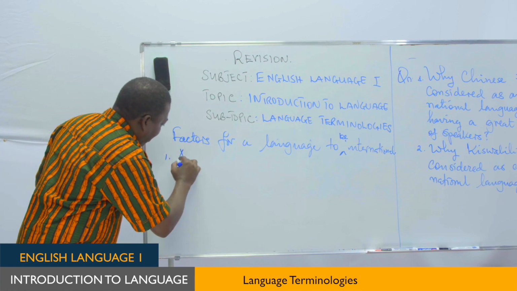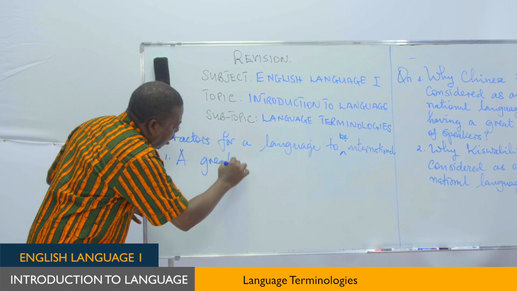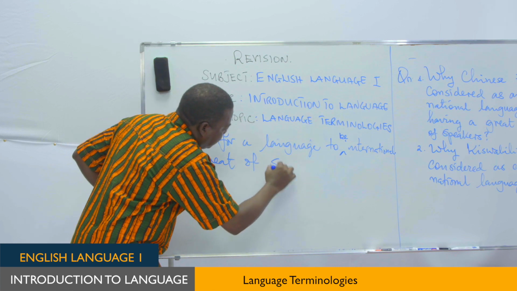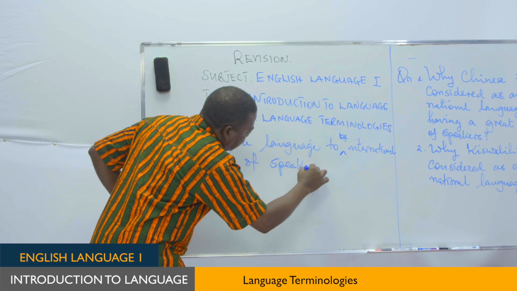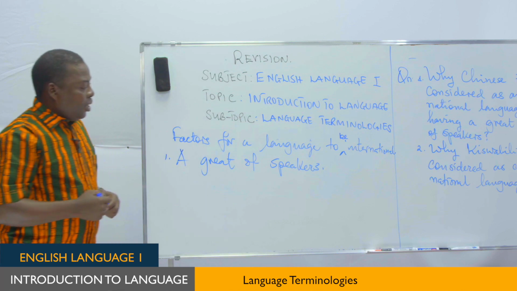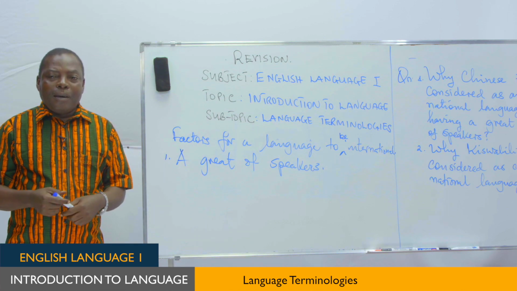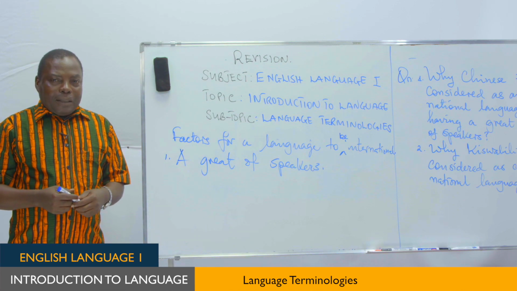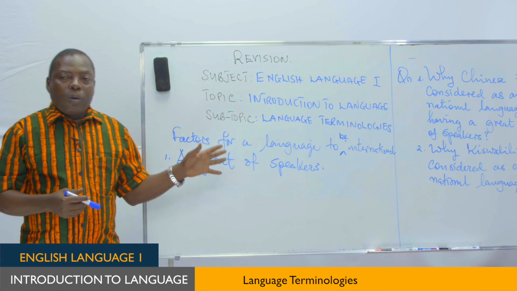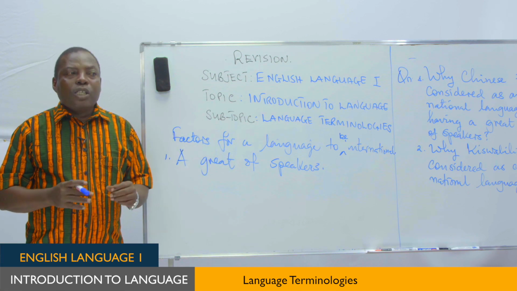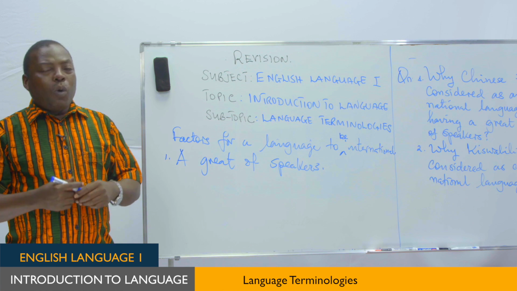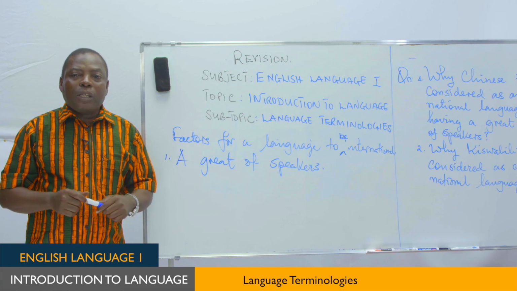So, great number of speakers is one of the points. But how do we know that a language is spoken by many people? Or what kind of speakers are we talking about here?